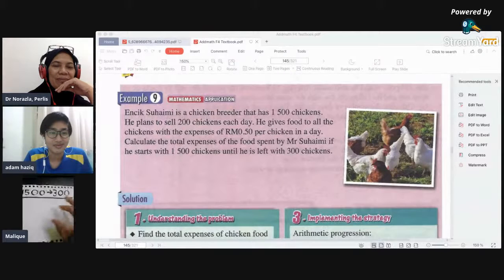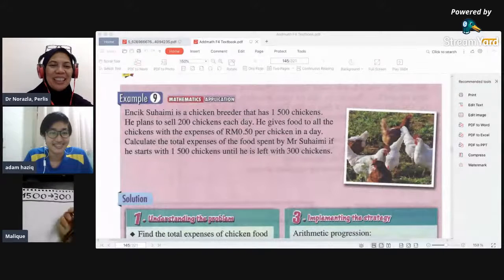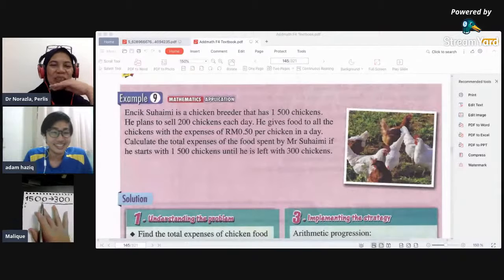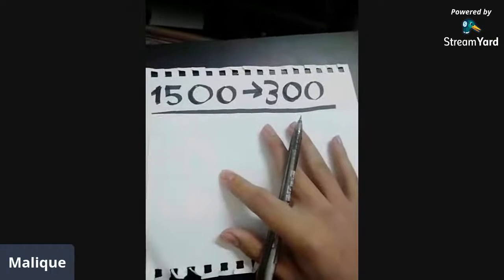So now I will continue, Adam, by writing down what. Wait, Malik. Be patient. Cikgu wants to stop the screen share. Cikgu wants to remove myself too so that you can show yours. Okay, just a moment.